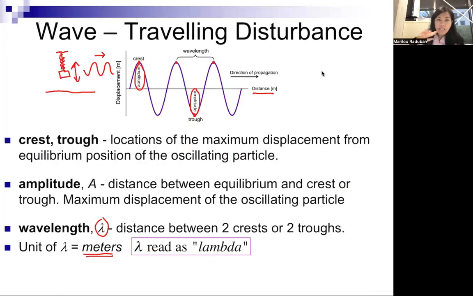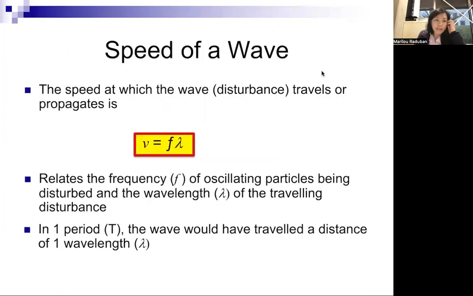Now, as the wave propagates, we can also define the speed of the wave, how fast the disturbance travels. And the speed is given by this equation. It's related to the frequency and the wavelength. f in this equation is the frequency. That will be the frequency of oscillation of the particle that's undergoing simple harmonic motion.